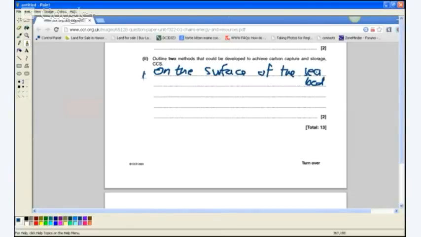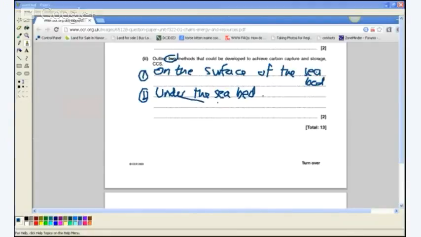So that'd be your first mark. Your second mark would be you could capture and store it under the seabed. These are 2 completely different ideas, but it's such a simple way of saying it. All you've got to remember is one is for capture and storage on the surface of the seabed, and one under the seabed, and that's 2 marks there.